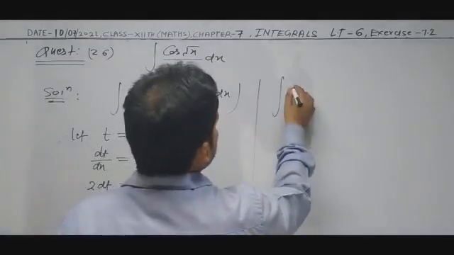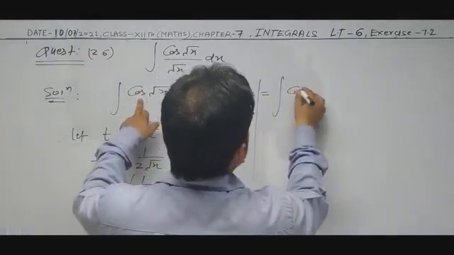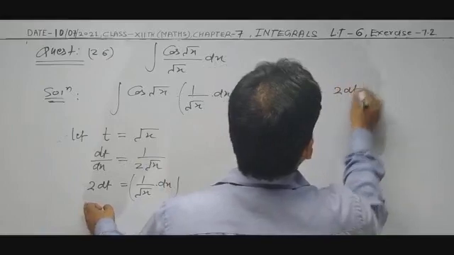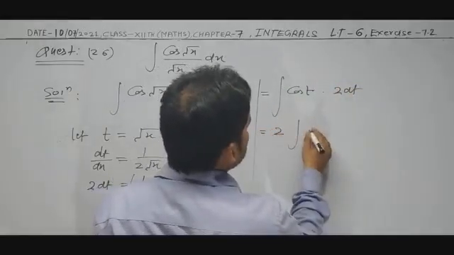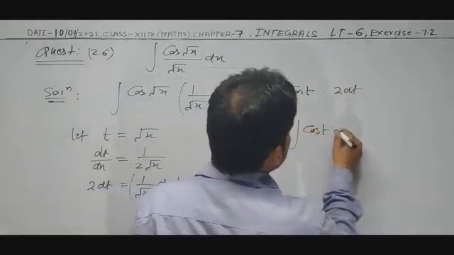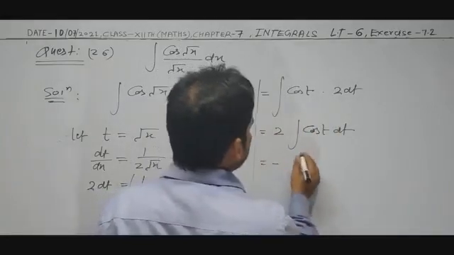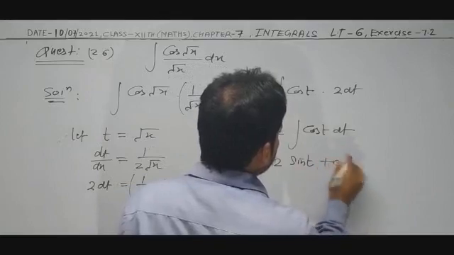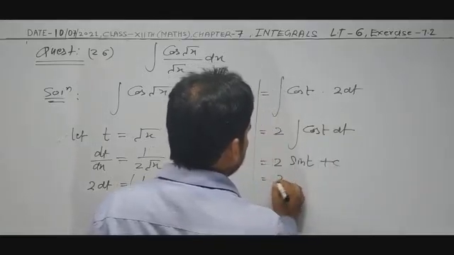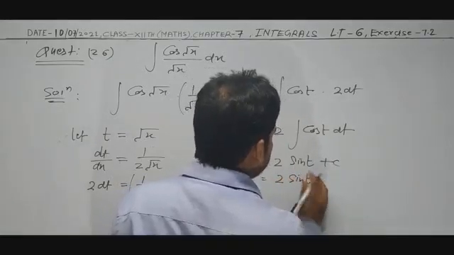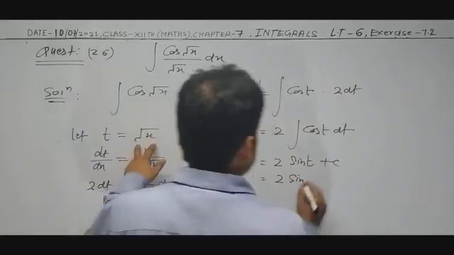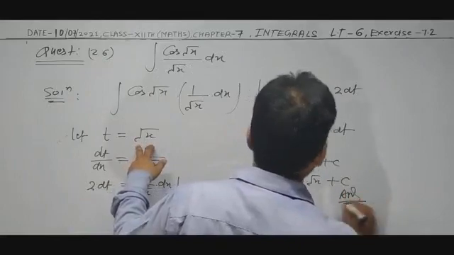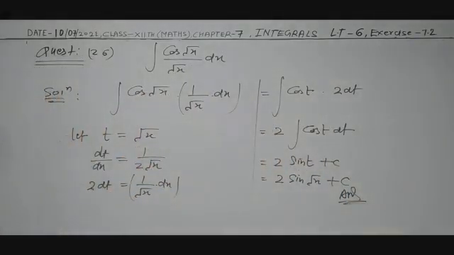So integration will convert to cos of t with 2 times dt. So 2 is constant, that will be outside the integration. So cos t dt, and you know integration of cos t is sin t plus c. So 2 times sin t, and t value you know that is root x. So answer is 2 times sin root x plus c.